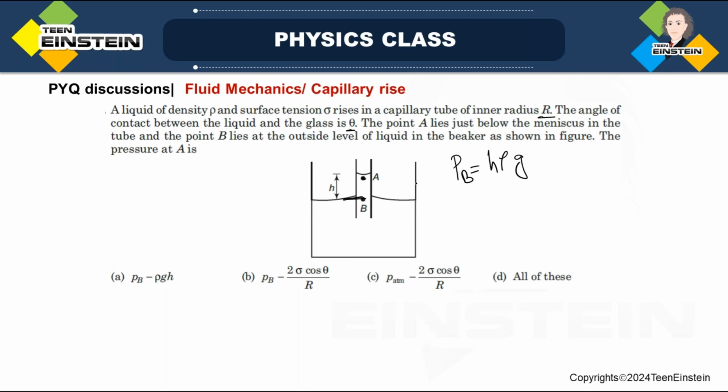Now, what is this height in terms of this? We know it is 2 sigma cos theta by rho R G. This is fine.